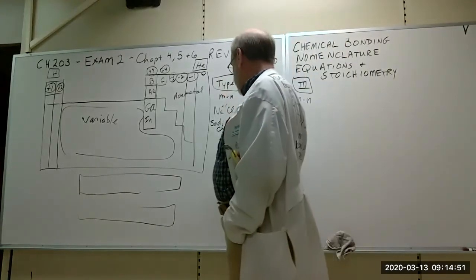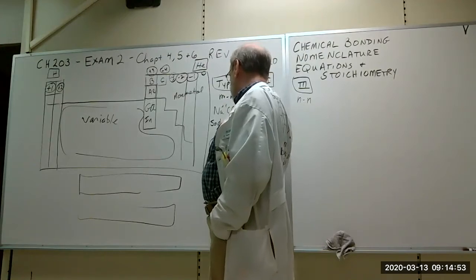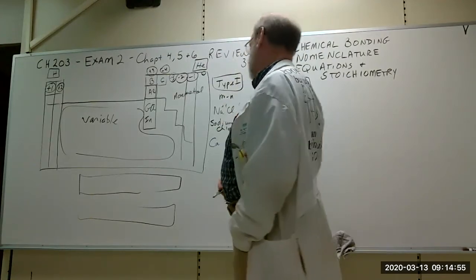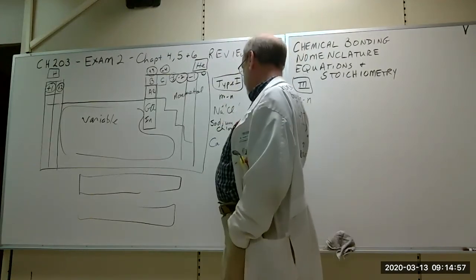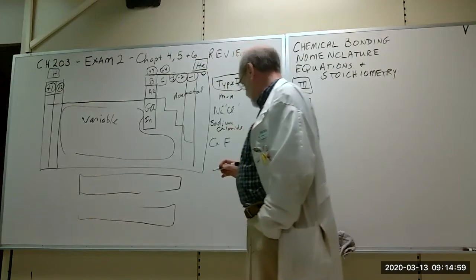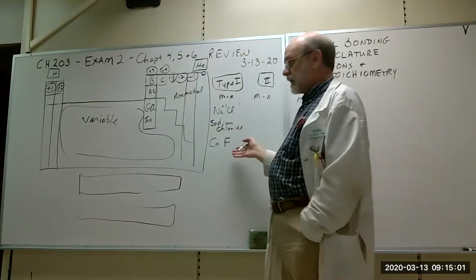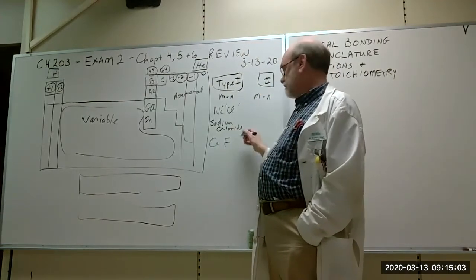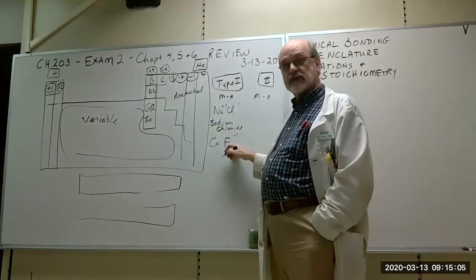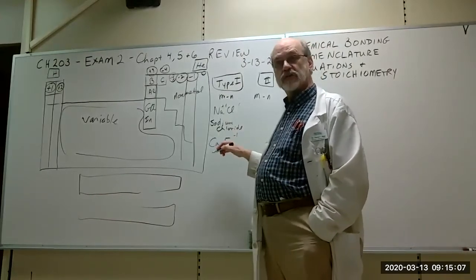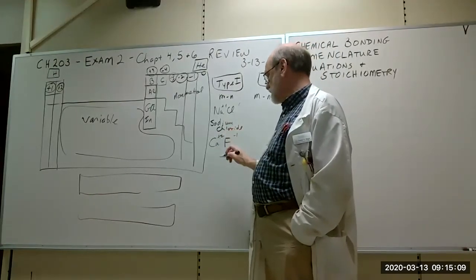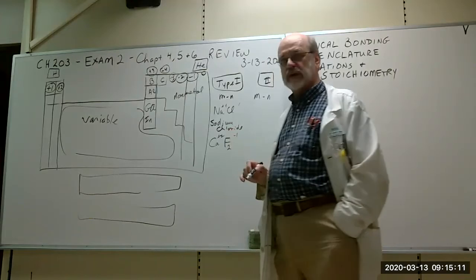Go the other direction. Say we have calcium and fluorine, right? Well, fluorine has to be a -1 charge, right? Calcium is from the alkaline earths, so it has to be a +2. That means we need 2 fluorines.